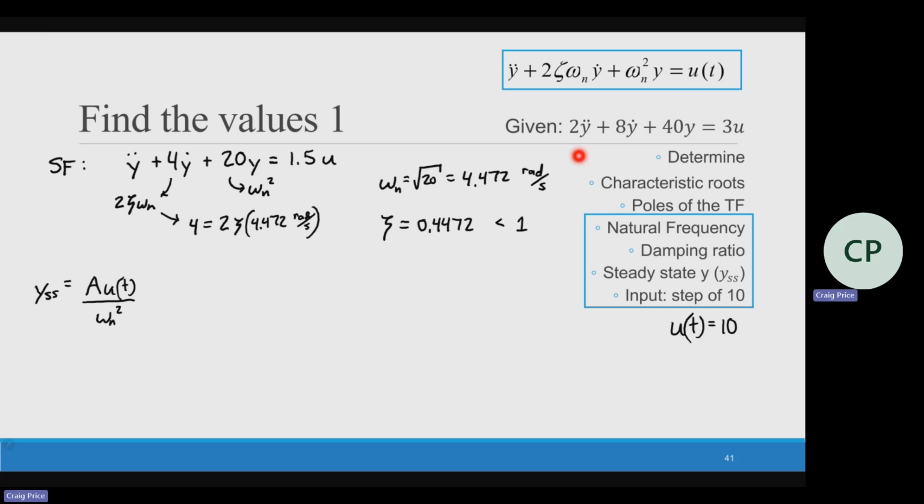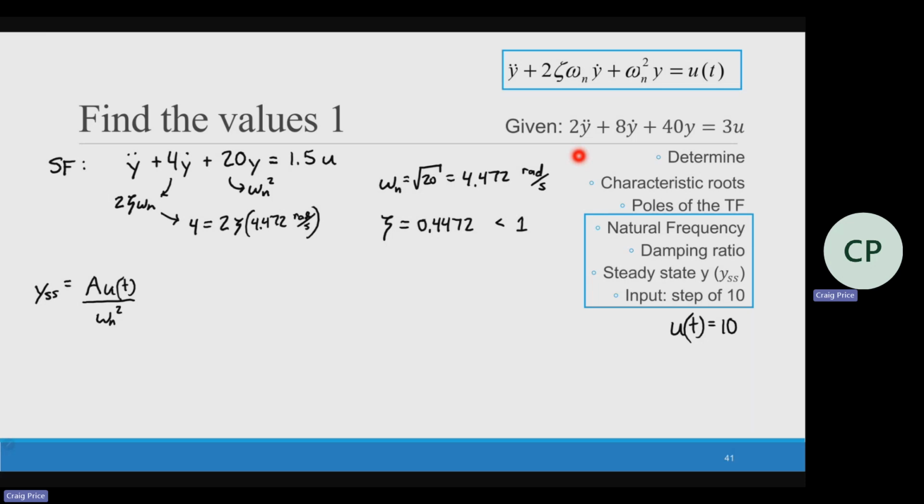Y steady state is 1.5. What'd you get? 1.5? I don't know if it's the right answer. What'd you guys get? Do you have a Y steady state? 0.75. Whoa, there's like a 2 multiplier going on.